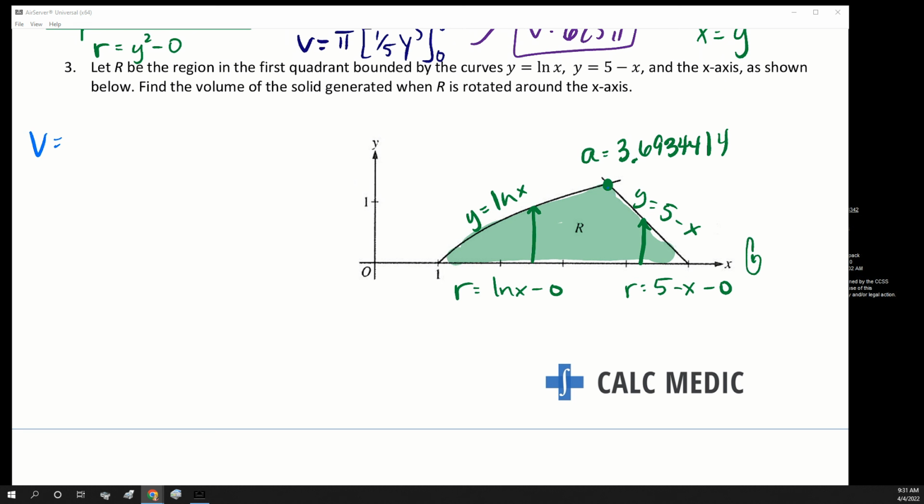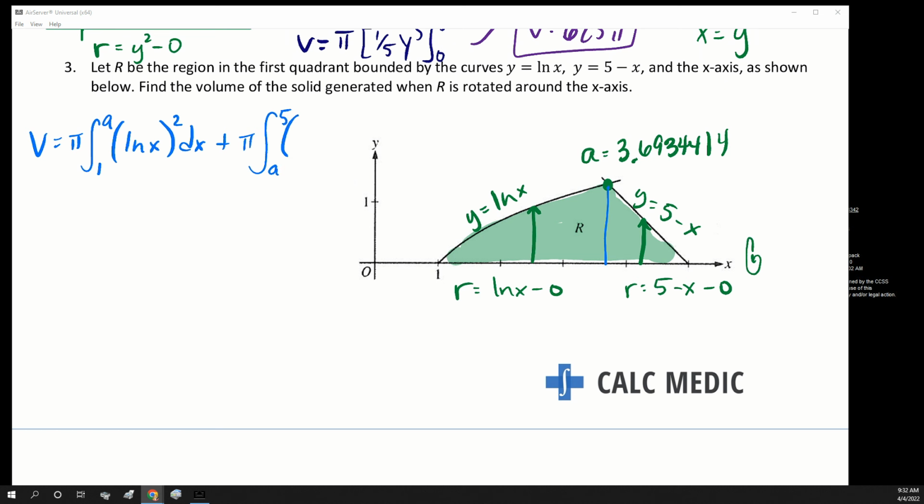Okay, so I'm going to kind of separate this like that. And so this first integral, I have the pi. And then I'm going to go from 1 to A of my radius squared dx. And then plus pi. And then what are going to be my lower and upper limits on the second integral? A to 5, good.